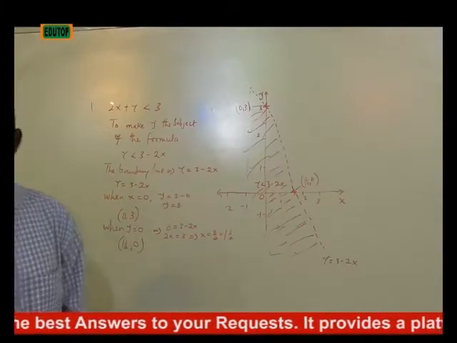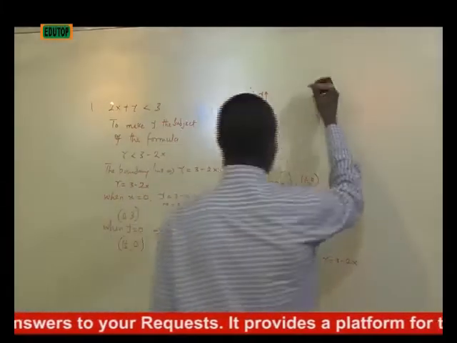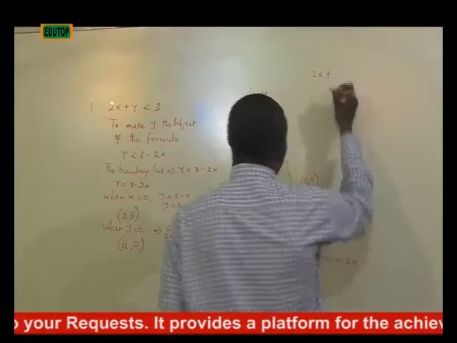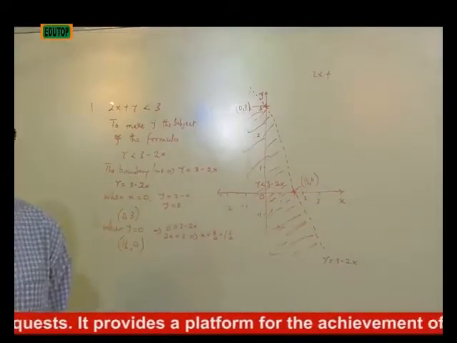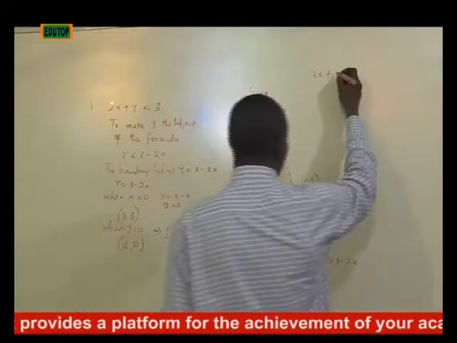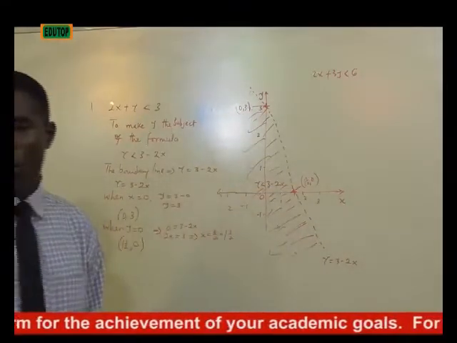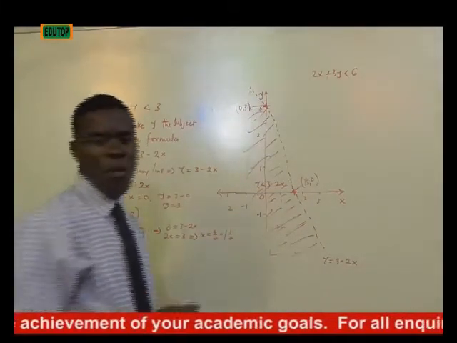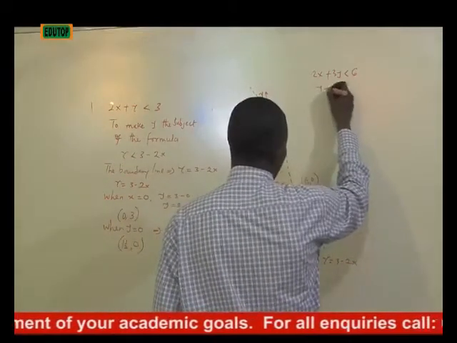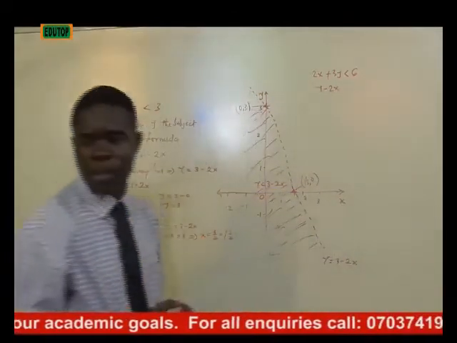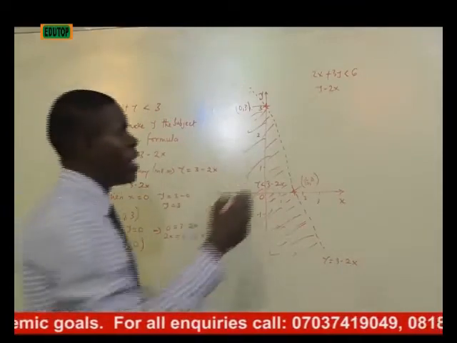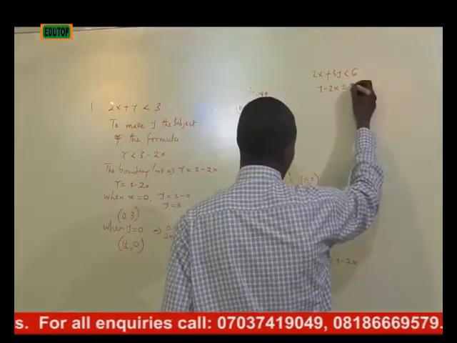So here we have 2x plus 3y less than 6. Then we also have y minus 2x less than or equal to 2.